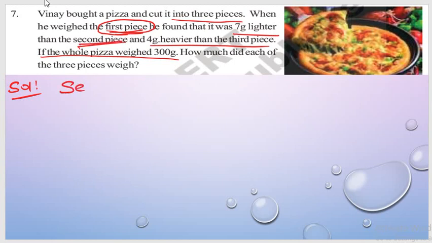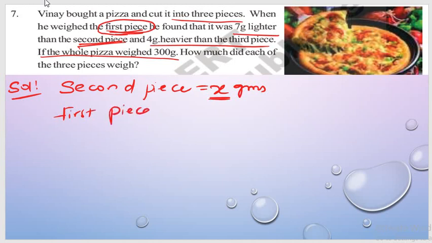So I am going to consider the weight of the second piece as x grams. If the weight of the second piece is x grams, then the first piece weight is x minus 7. Why? Because the first piece is 7 grams lighter than the second piece, no? Since the second piece is x, obviously the first piece will become x minus 7.